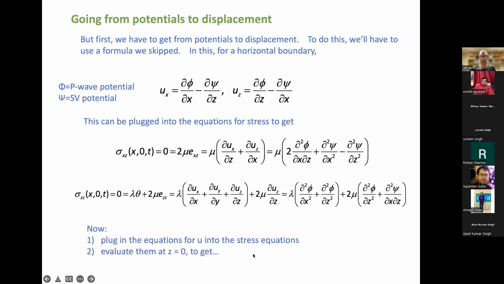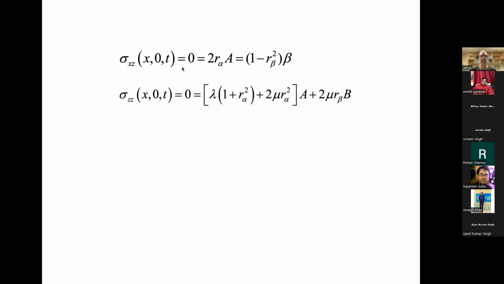Now what we're going to do is plug in the equations for U into the stress equations and evaluate them at z equals 0. And we will get the stress equals 0, equals 1 minus R sub beta squared times beta, and sigma sub zz, which is also equal to 0, equals this formula here.